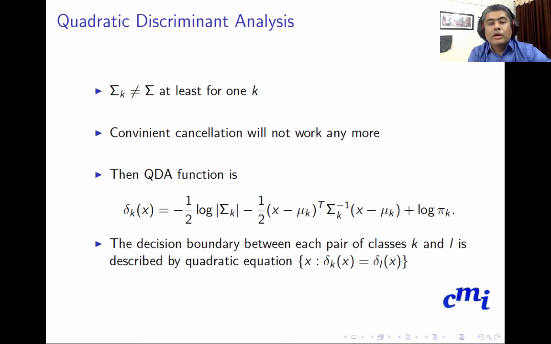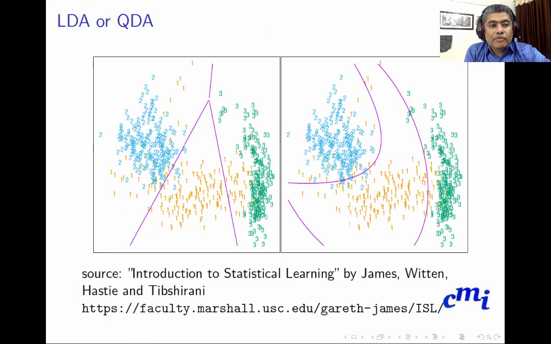This figure I have taken from Introduction to Statistical Learning by James, Witten, Hastie and Tibshirani. This is the link from where you can look into the book, the original source. In the left panel, this is the same data set where linear discriminant analysis is implemented, and in the other, quadratic discriminant analysis is implemented.